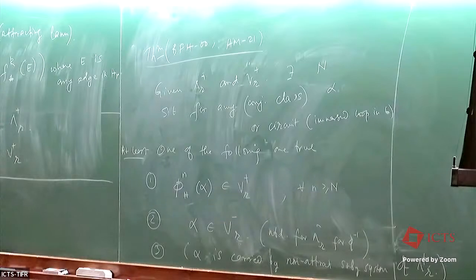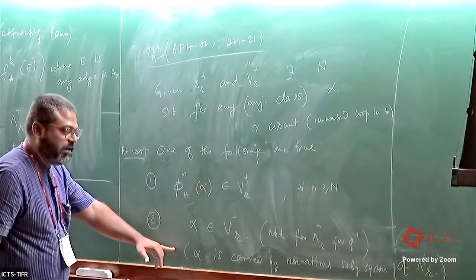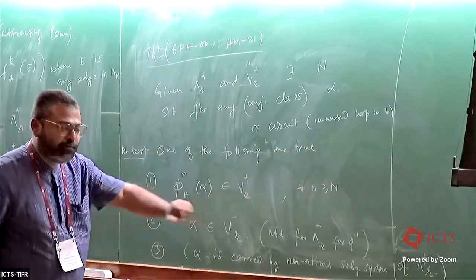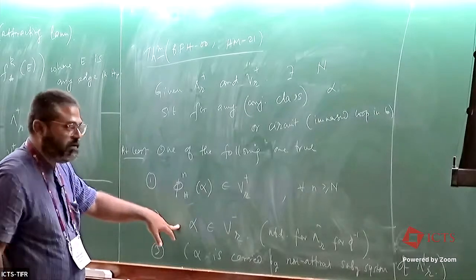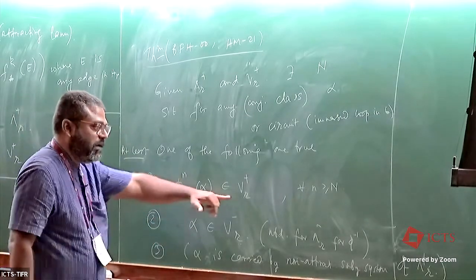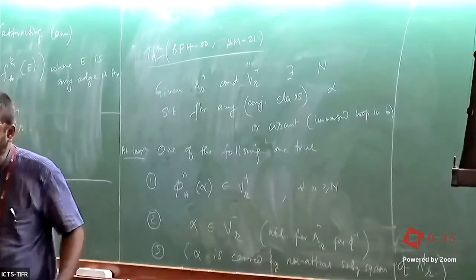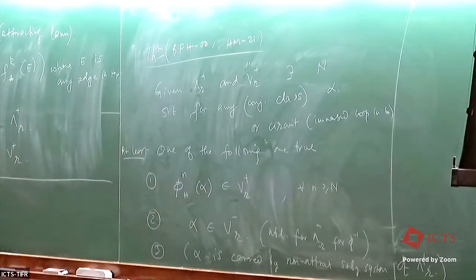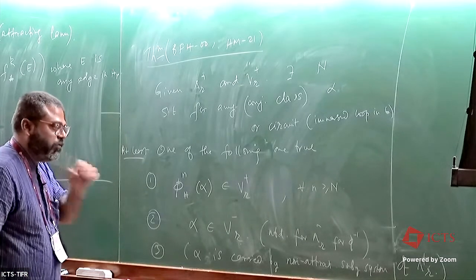I have not defined this, but I will in a minute. So one of the three things happens. Either alpha is carried by this non-attracting subgroup system, or it is sitting inside the repelling neighborhood, or the nth iterate puts it inside the attracting neighborhood. Right? So just a bit of intuition of these two things.